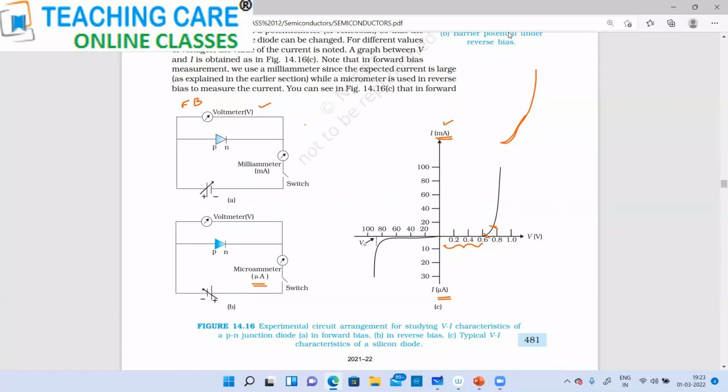So we said that in forward bias, the depletion region was going down, right, ma'am? Yeah. But that means it should be greater, no? Applied voltage, for example, if the applied voltage is very small, the barrier potential will be slightly reduced.